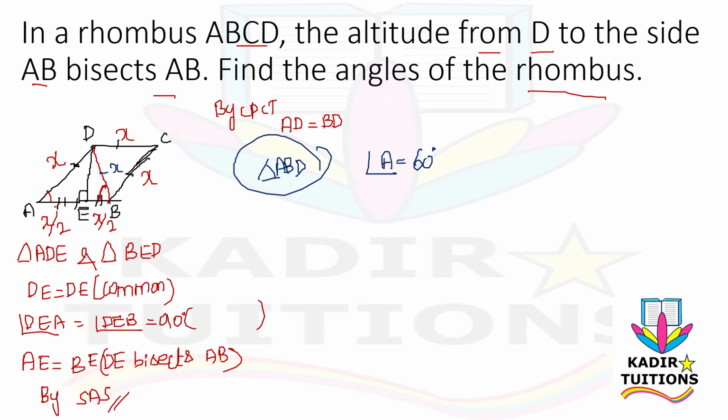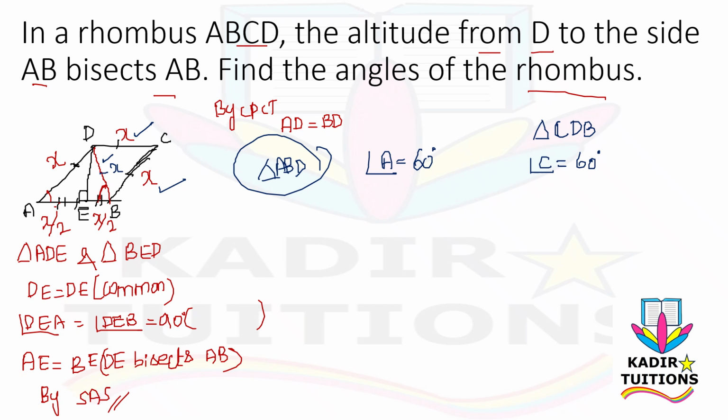Then we are going to do what? Yes. We will now take triangle CDB. So in that we know already CD is X and BC is X, and now we have found that BD is also X. So again this is an equilateral triangle. So here the angle is there for C. So I can say angle C equal to 60 degrees.